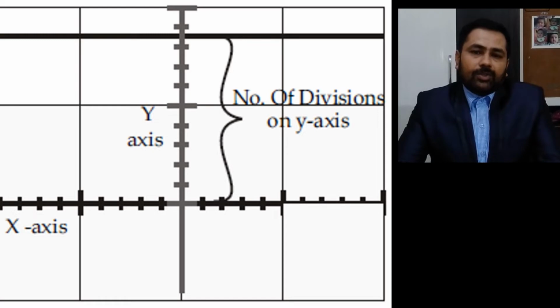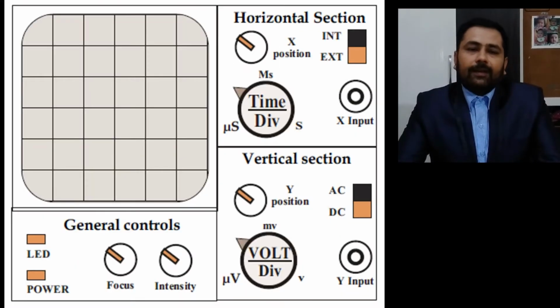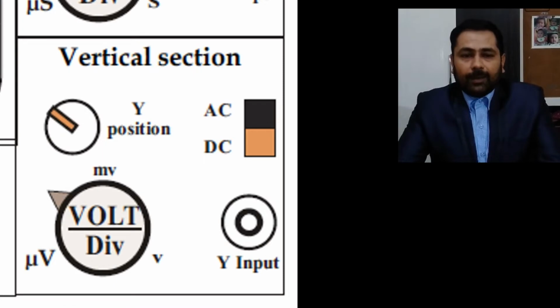If the voltage is positive, that line will move upward. By knowing the number of divisions on the y-axis, the scale given on the screen, and the volt per division knob on the CRO's front panel, we can take the reading.